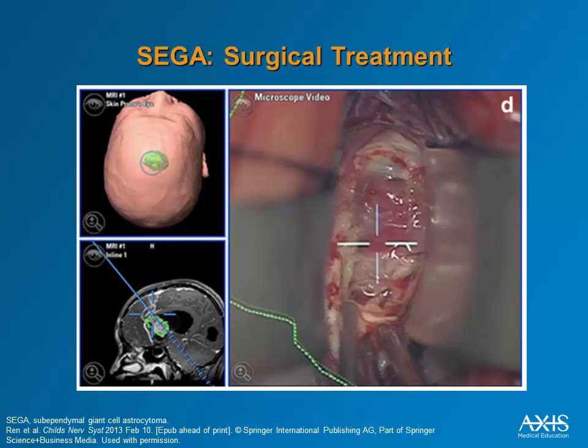It's generally accepted that if there is an incomplete resection of the SEGA tumor, the residual tissue will continue to grow, and the child or adult will require a repeat surgery or other treatment in order to address the SEGA definitively.